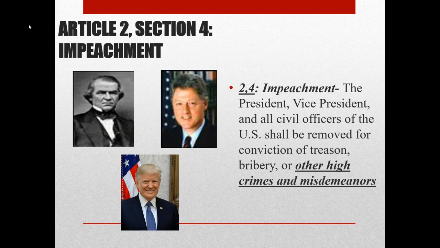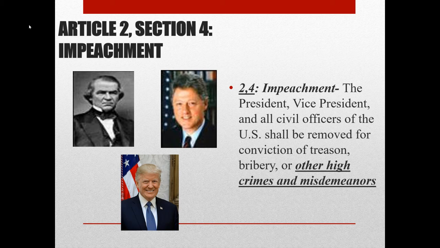The next question is going to talk about presidential impeachments. And again, we kind of talked about impeachments already in Article 1 with the legislative branch. The legislative branch, starting with the House of Representatives, can impeach a president. And impeachment means, again, that you are accused of a crime, not necessarily removed from office.